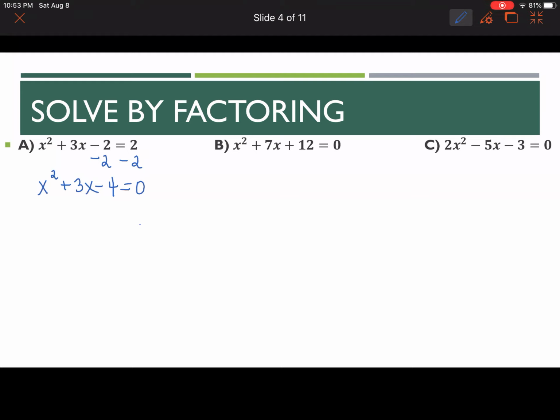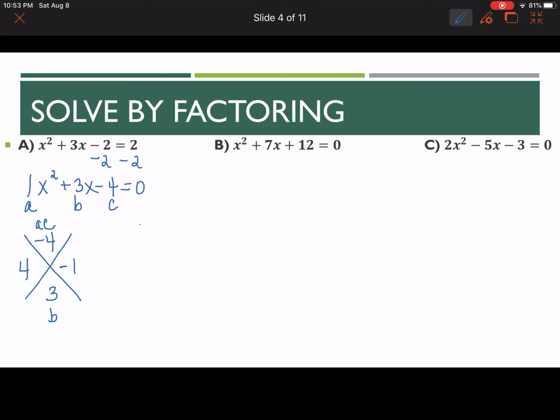Okay, so our a value is 1. Our b value is 3. And our c value is negative 4. So we need to find 2 numbers that multiply to be a times c, but add to 3, which is our b. And our numbers would be a positive 4 and a negative 1.